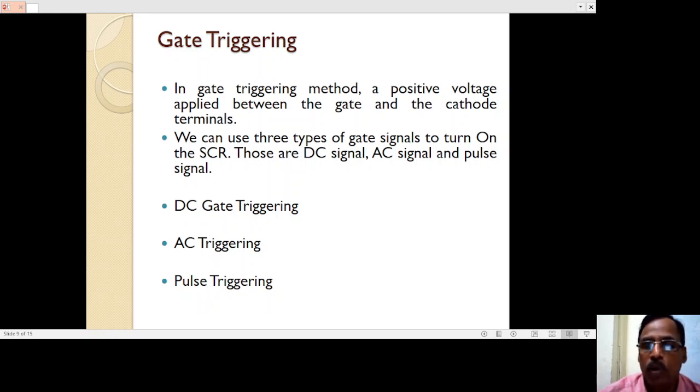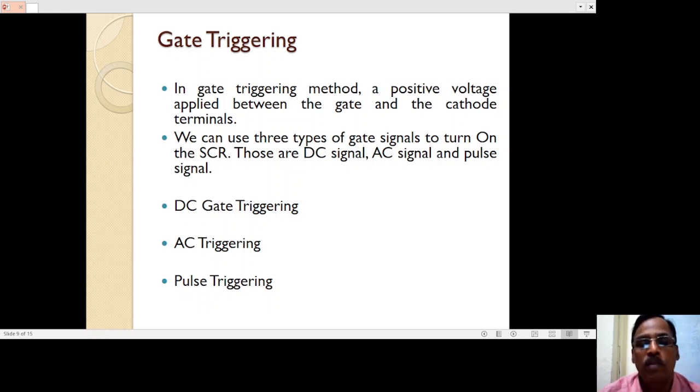Gate current increases during the positive half cycle of the supply. When the gate current increases and reaches the gate triggering voltage, your SCR will turn on. But the demerit of this type of supply is that it causes high power loss, because the negative cycle is of no use.